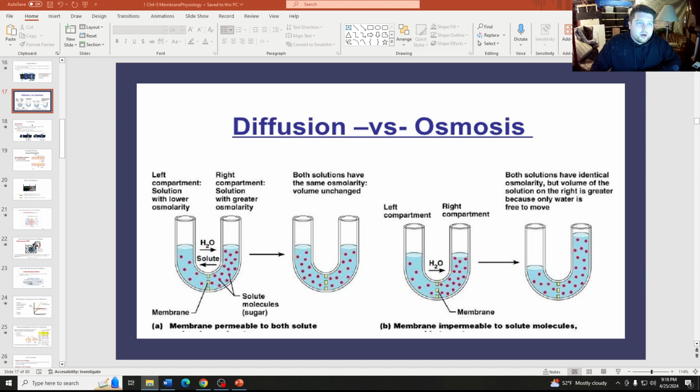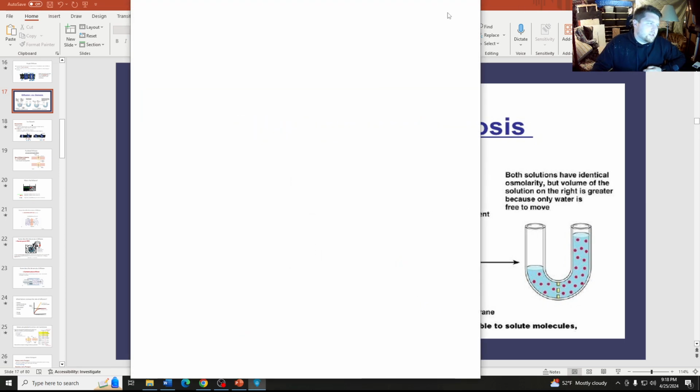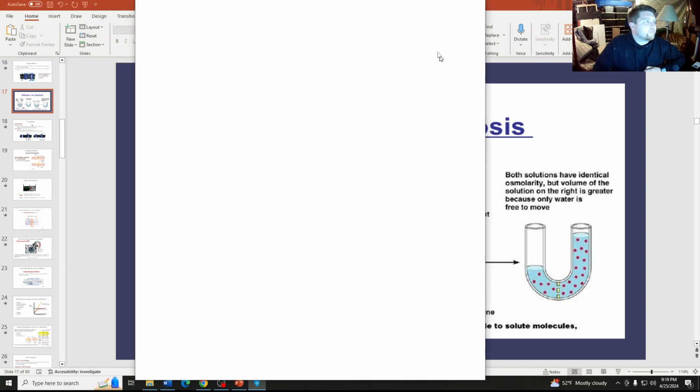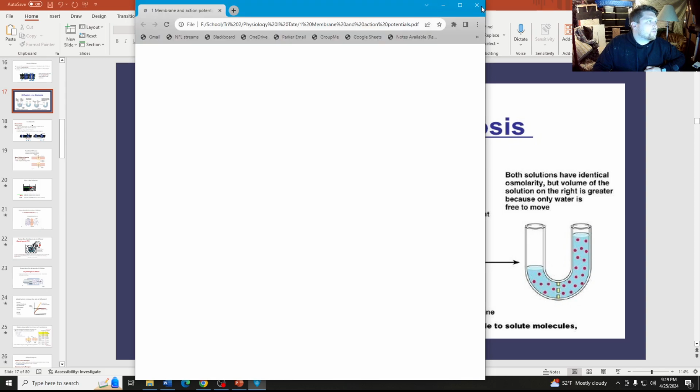Let me pull up a different document that I know specifically has it in. And this is also something that we have mentioned before. It's about the different types of solutions. We have isotonic, hypertonic, and hypotonic solutions.